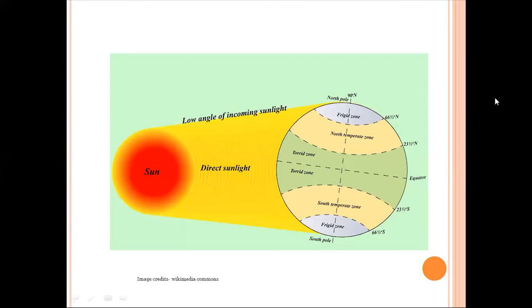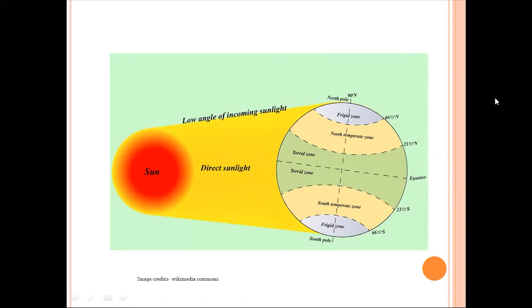So the subtropical region receives less sunlight compared to the equator, and therefore it has a different climate, which is comparatively cooler than that of the equator. So you get different biological communities at the subtropics.